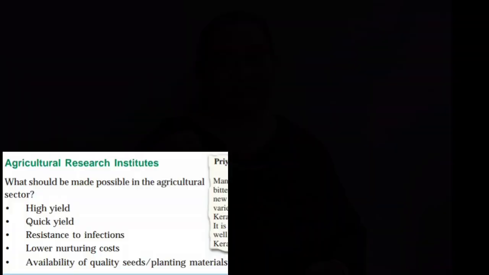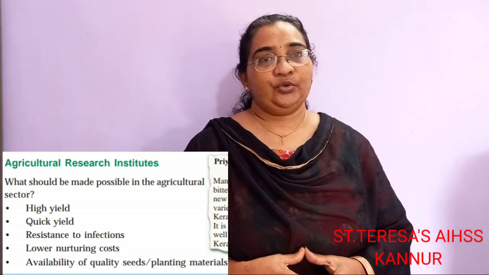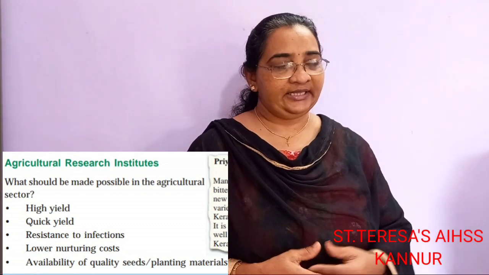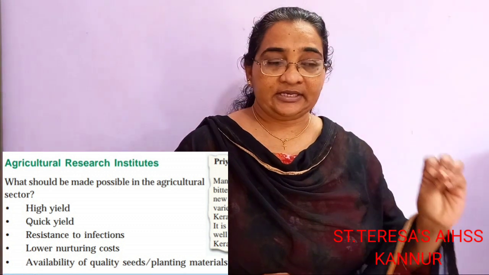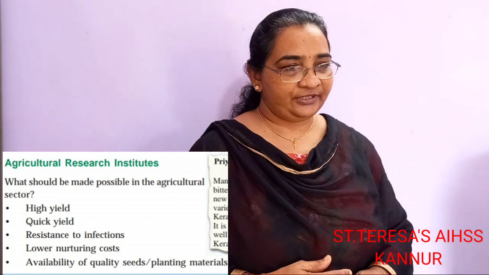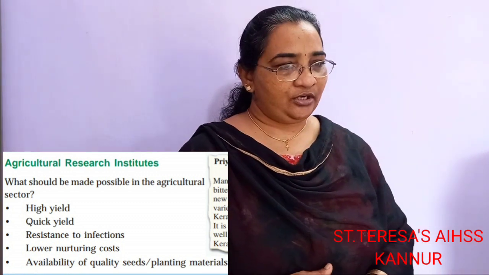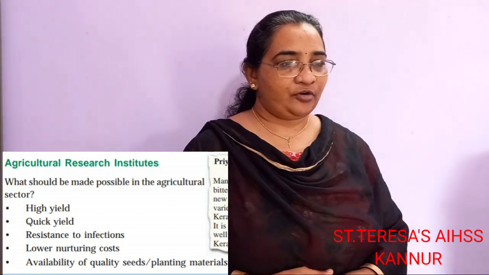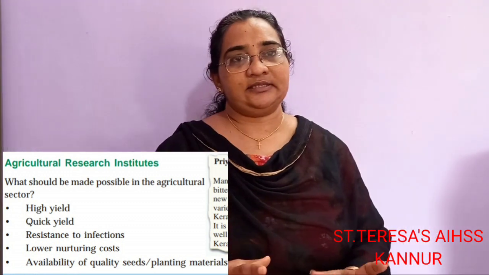So they try to produce seeds which have high yield, which quickly yield, which are resistant to infections, with low nurturing cost, and availability of quality seeds and planting materials. So these are the things which are taken care of in the agricultural research centers. So what do they keep in mind while producing new types of seeds?